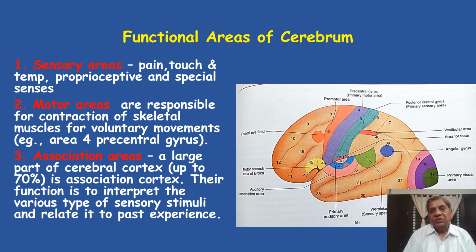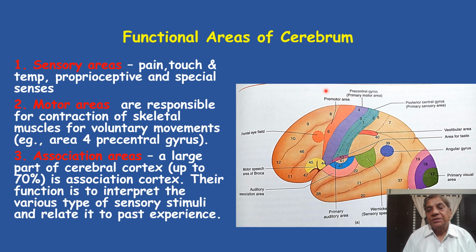So in this way there are many sensory areas. For example, in the postcentral gyrus, areas 3, 1 and 2 are mostly for exteroceptive and proprioceptive sensory impulses.